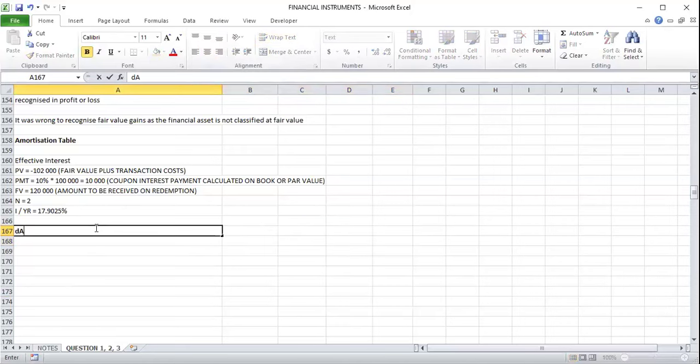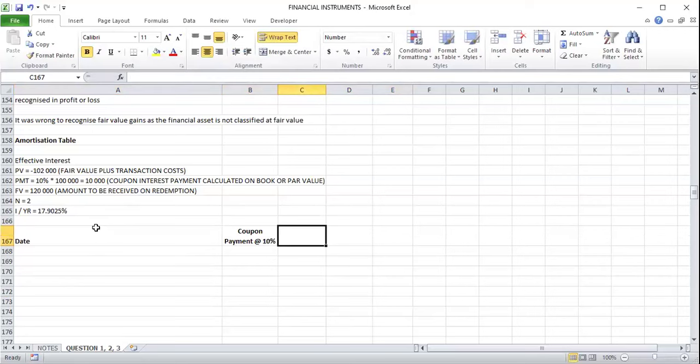We have our debts, coupon payments at 10%, effective interest at 17.9025.